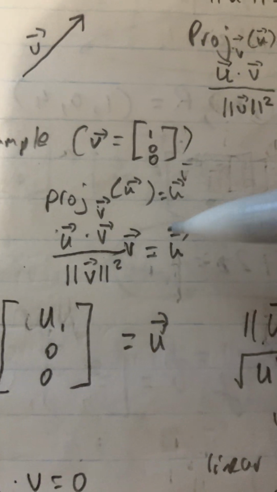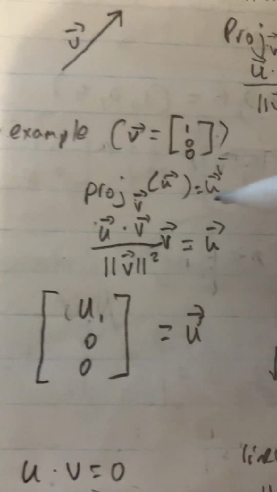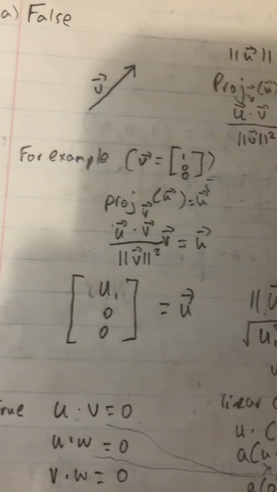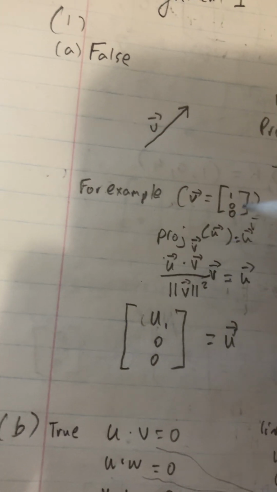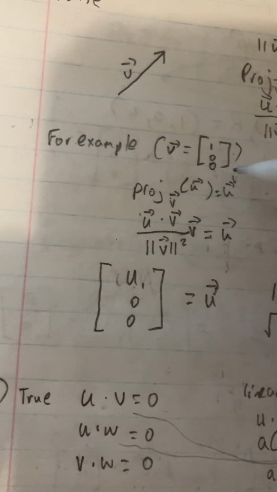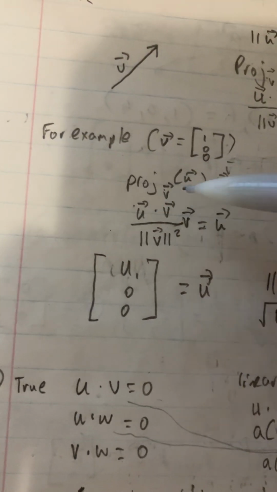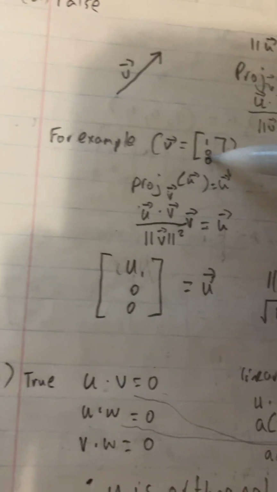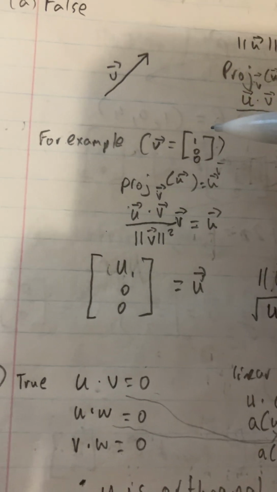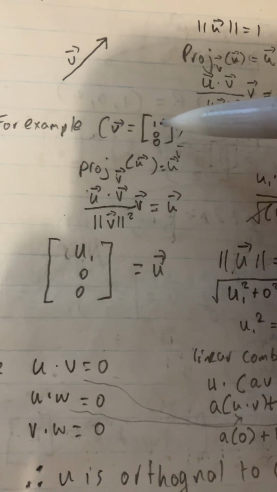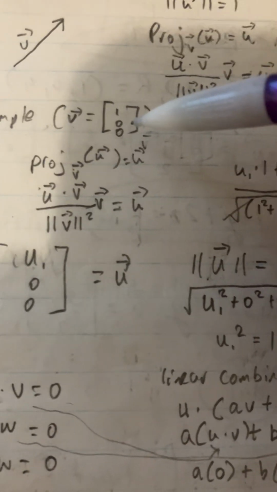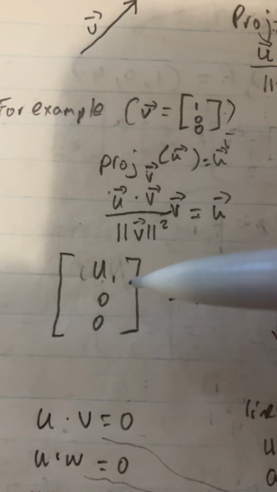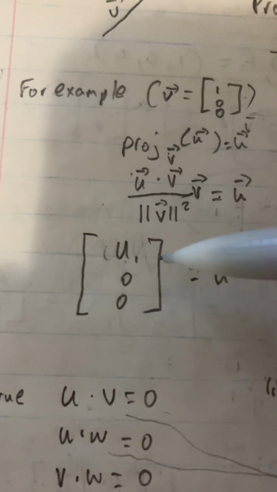We use the formula again, and this time we know v, so u dot v is going to be equal to u1 times v1. v1 is 1, so it's just going to be u1, and v2 and v3 are 0, so the dot product is also going to be 0 for these two.